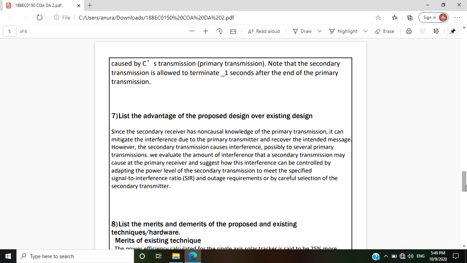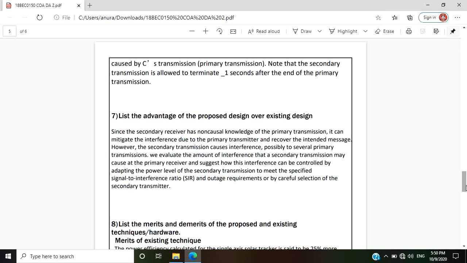Since the secondary receiver has no causal knowledge of the primary transmission, it can mitigate the interference due to the primary transmitter and receive the intended message. However, the secondary transmission causes interference possibility to several primary transmissions.